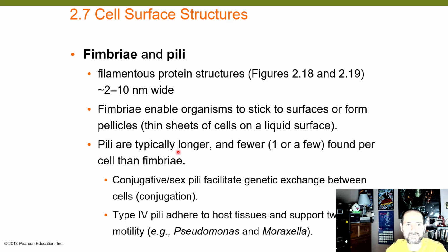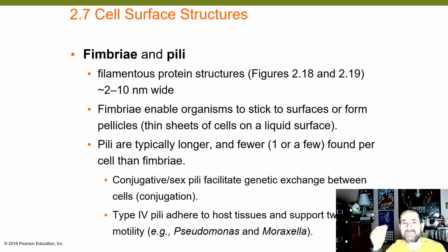Pili, on the other hand, are typically longer and fewer. Normally you only have one or a few, whereas with fimbriae you see many. And where do we find the pili? Well, during conjugation, remember that bacterium can conjugate with one another. I may have mentioned in our lecture that bacterium can form what's known as the sex pilus, which is a hollow protein tube which extends from the bacterium and can dock on an adjacent bacterium of either the same or different species.